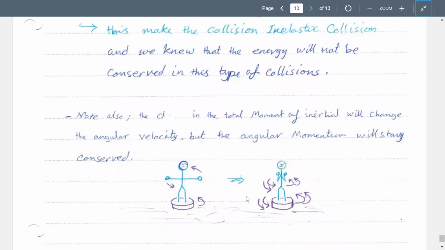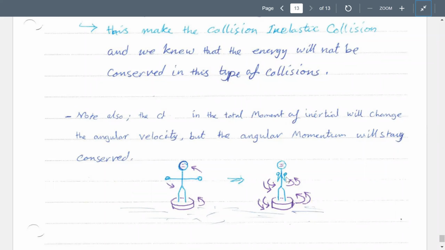Note also the dancer. If you look at the dancer here, a rotating object, you know the dancer on the ice. If the dancer opens his or her hands like this, the velocity is slow.